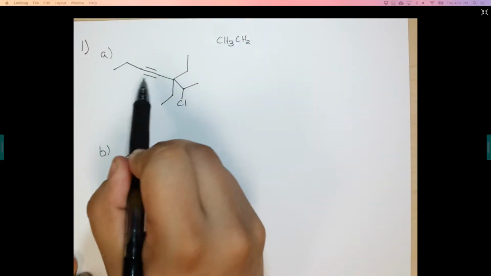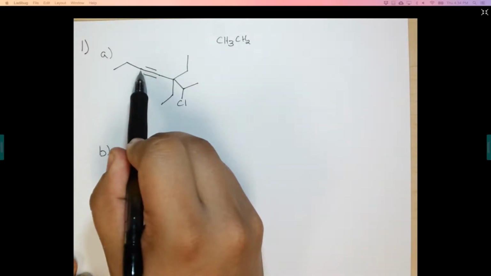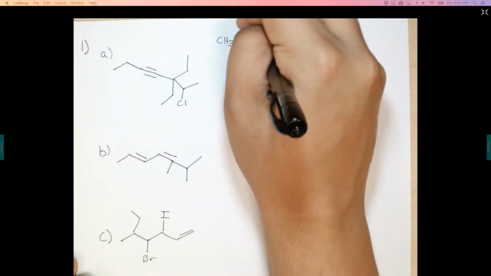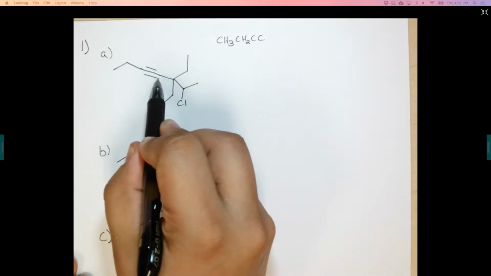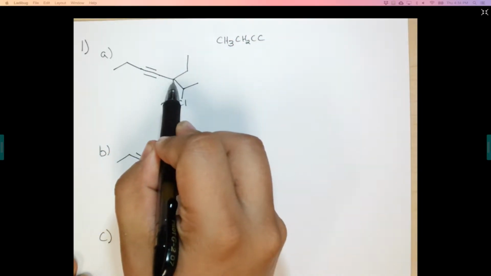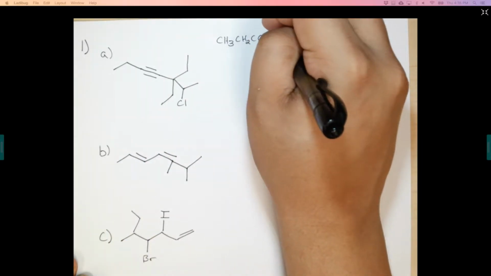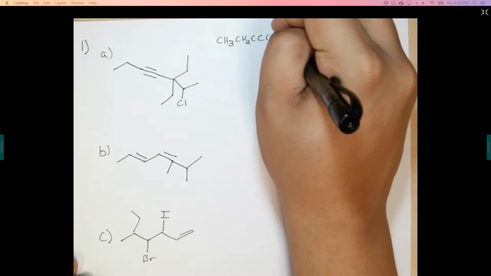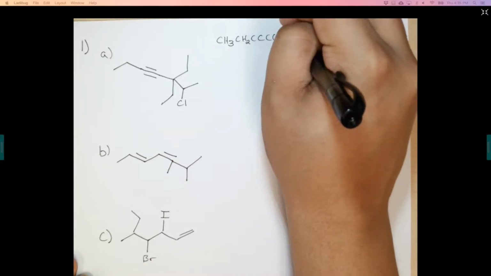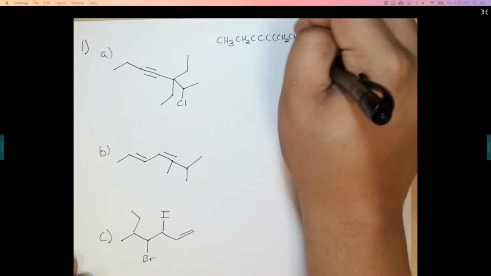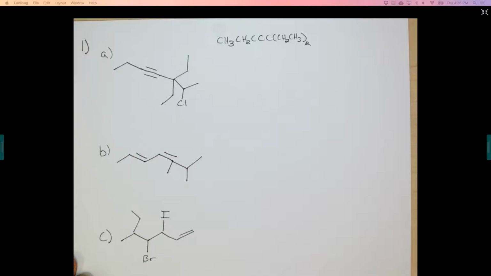Then there's the C that's triple bonded, so we got a CC because we got a triple bond here and here. Then we have a C with two ethyl groups on it, CH2, CH3. And you can put those in parentheses or you can put those as a side chain.